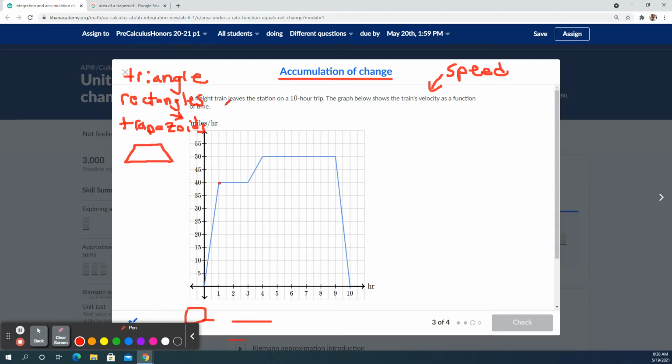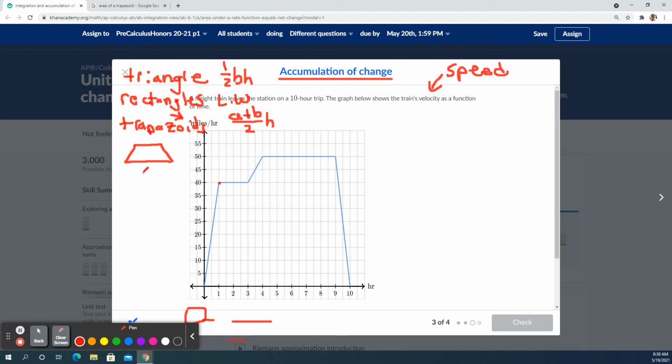All right, so basically it's the area of a triangle, which is 1/2 base times height, and the base and height have to be perpendicular to each other. Rectangle, length times width, and a trapezoid is (a plus b) over 2 times h, where a and b are the bases.